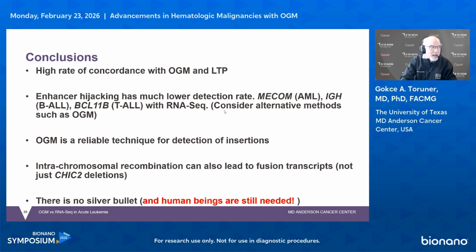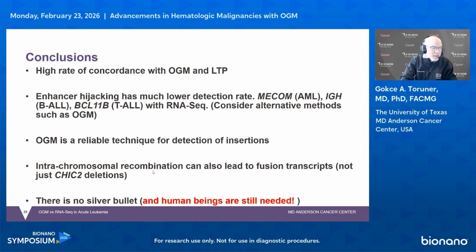We should consider alternative methods to RNA-seq, such as OGM. Or, if you are in a resource-poor environment, just FISH for MECOM and IGH. OGM is certainly a reliable technique for detection of insertions.